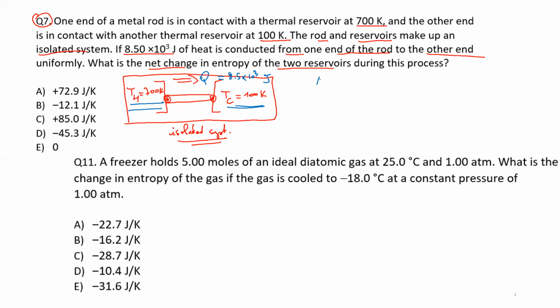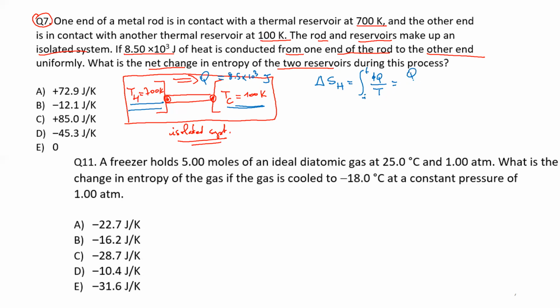So let me calculate the change in entropy for the hot reservoir. It will be the integral between initial and final of dQ divided by T. But T of the reservoir is fixed and is equal to the temperature of the hot reservoir.